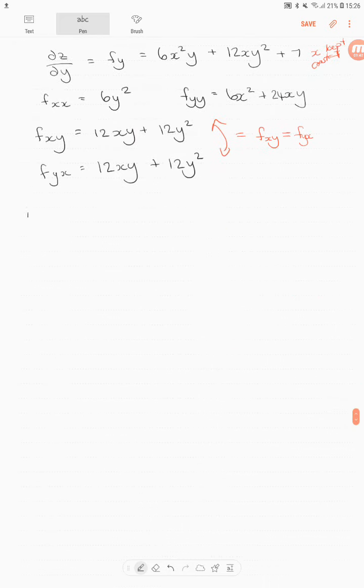So let's do an example of the local maxima, minima, and saddle points.